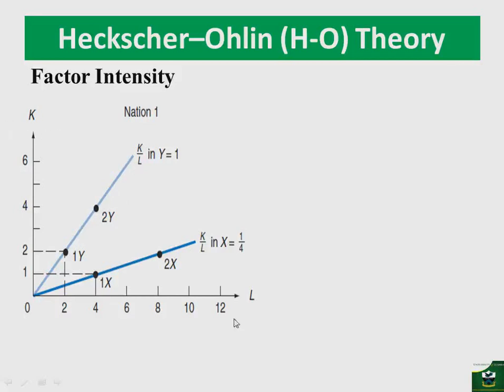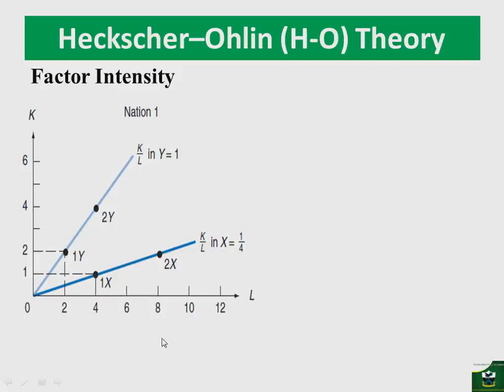And if we go to the production of commodity X, along this ray, any point that you pick, you will get the capital labor ratio of 1 over 4. Meaning that commodity Y in nation 1 is capital intensive, while commodity X in nation 1 is labor intensive.